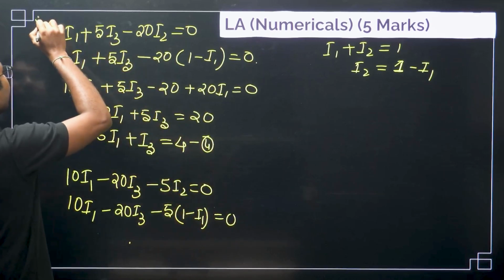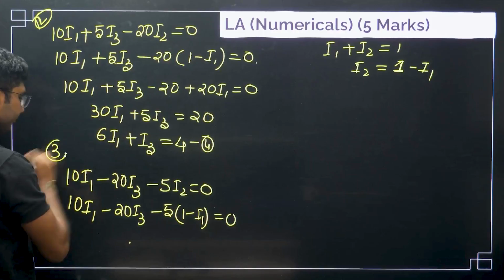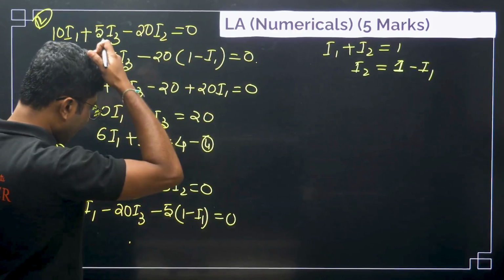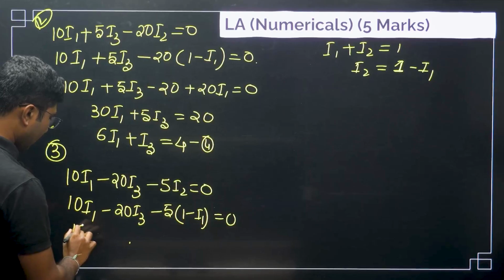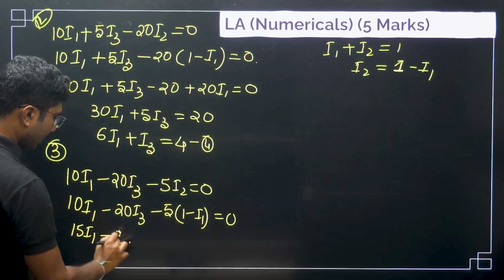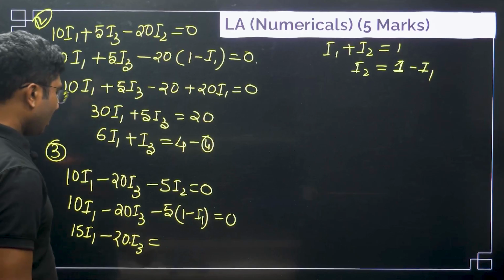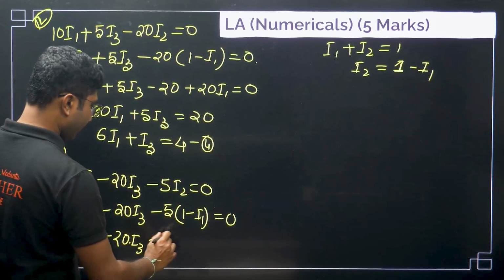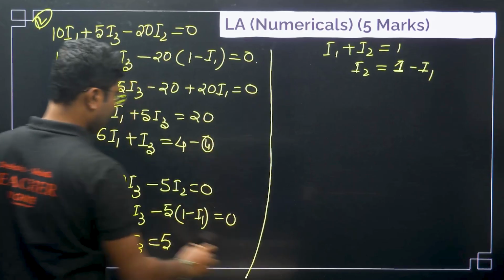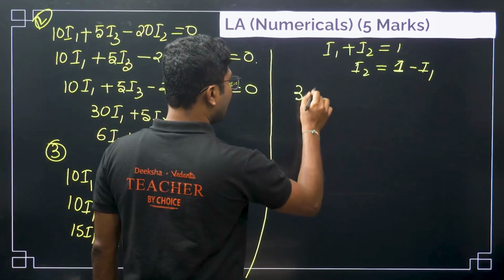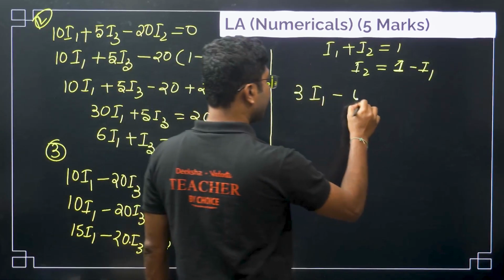This is from equation number 2, and this is equation number 3. Now if you simplify, this will be 15 I1 minus 20 I3 equals 5. Again we can divide this by 5, and we can write this as 3 I1 minus 4 I3 equals 1.